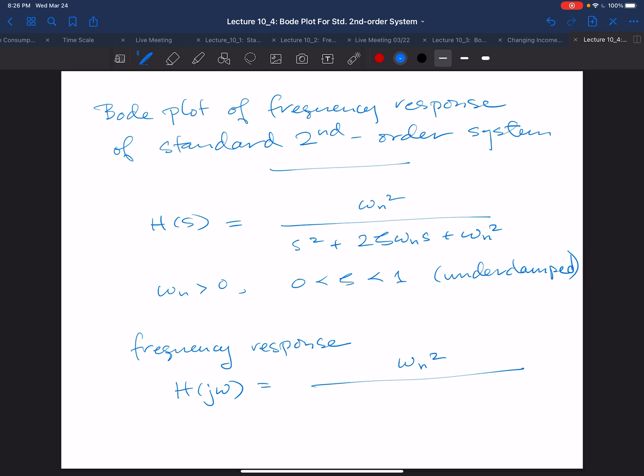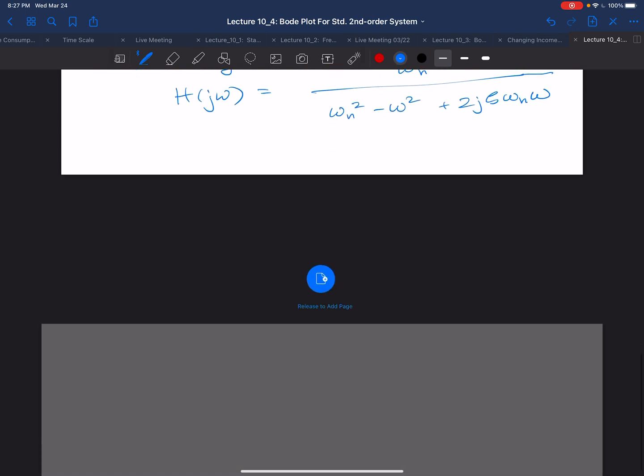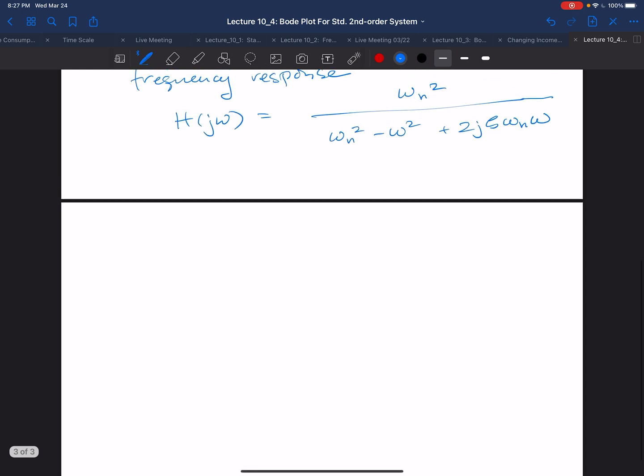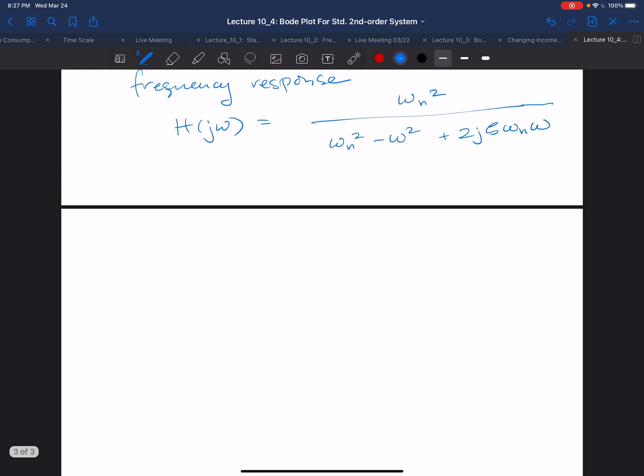Now the s squared, if s is j omega, will give us minus omega squared. So we can write the denominator as omega n squared minus omega squared plus 2j zeta omega n omega, if we like. Now, it's actually convenient to divide through by omega n squared here.